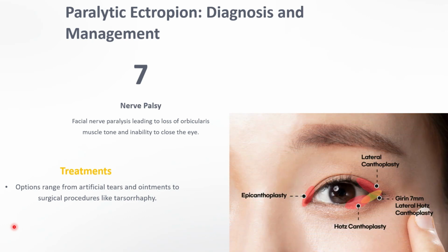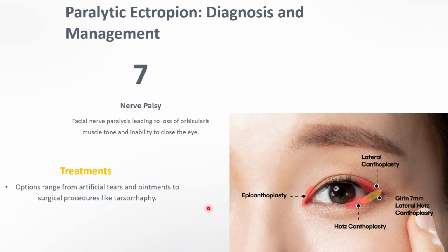For more severe cases, we might do a procedure called tarsorrhaphy where we temporarily shorten the opening of the eyelids. Another option is lateral canthoplasty, a cosmetic-friendly procedure in some cases. In some cases, silicone slings can be used to correct the problem. These treatments aim to protect the eye and promote healing.